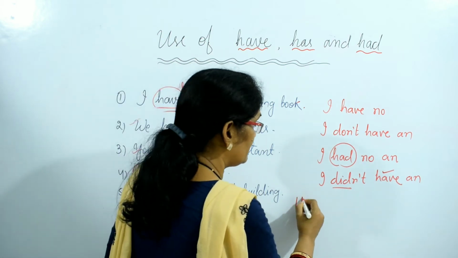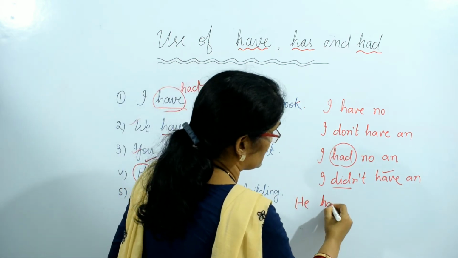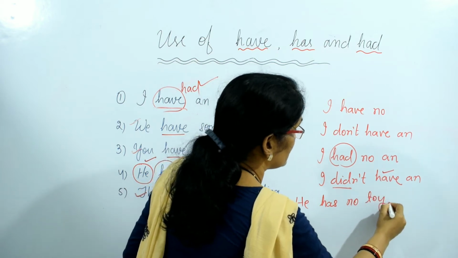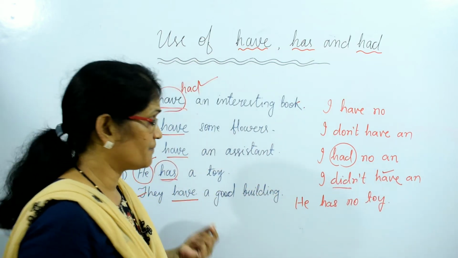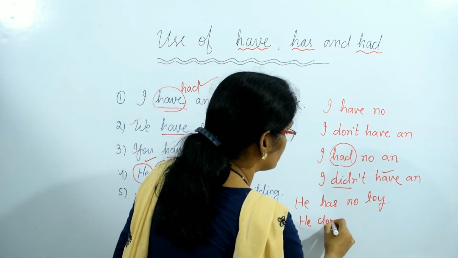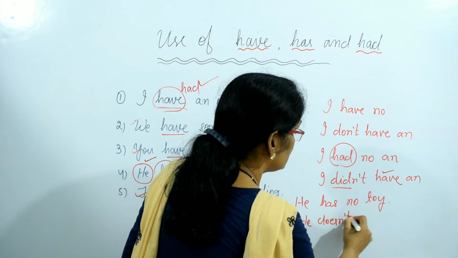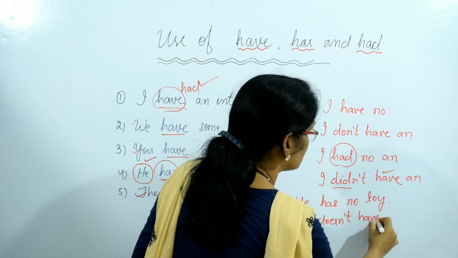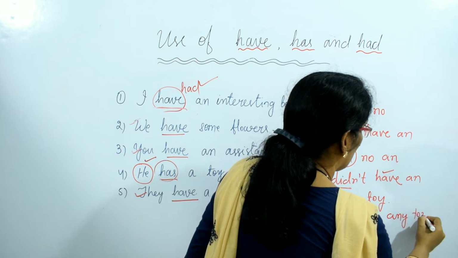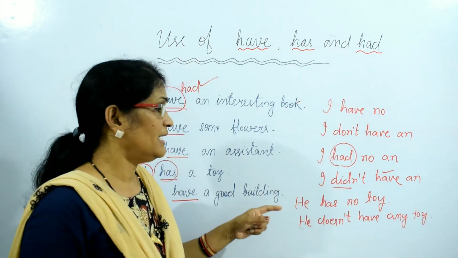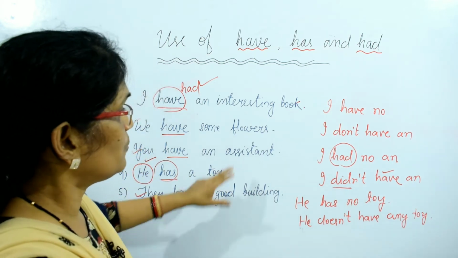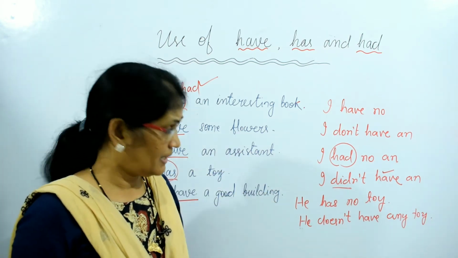Here, he has no toy. Otherwise, he doesn't have any toy. Or he doesn't have a toy. In this way, we can change the sentences into negative.